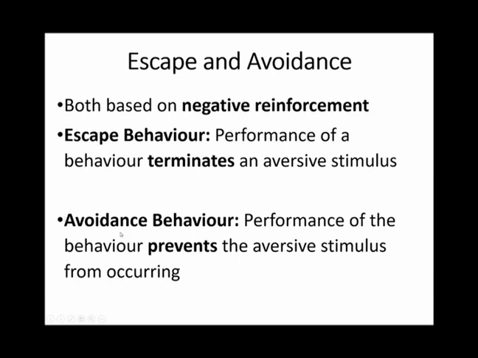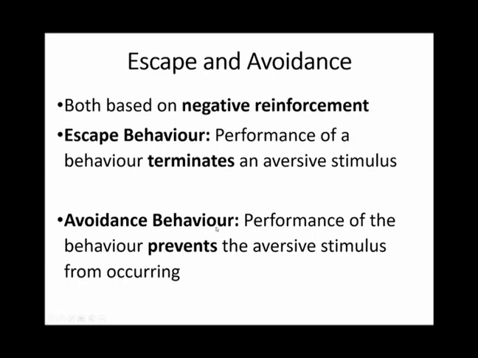For avoidance behavior, this is when you perform a behavior and it prevents the aversive stimulus from occurring. So maybe that annoying sound in the room was the sound of a vacuum cleaner, and you didn't want to listen to it. So for the escape behavior, when someone is vacuuming, you get up and you leave the room.